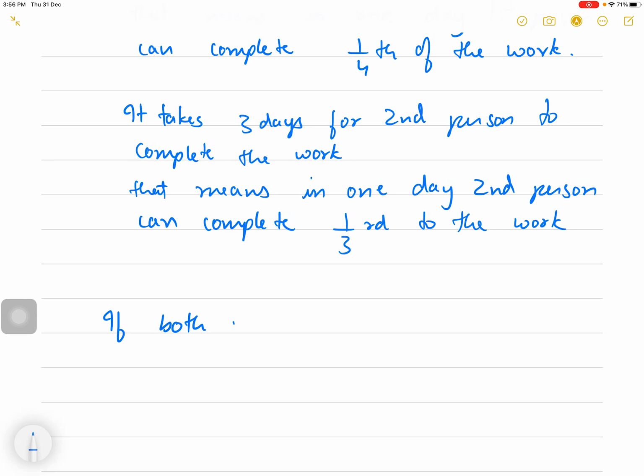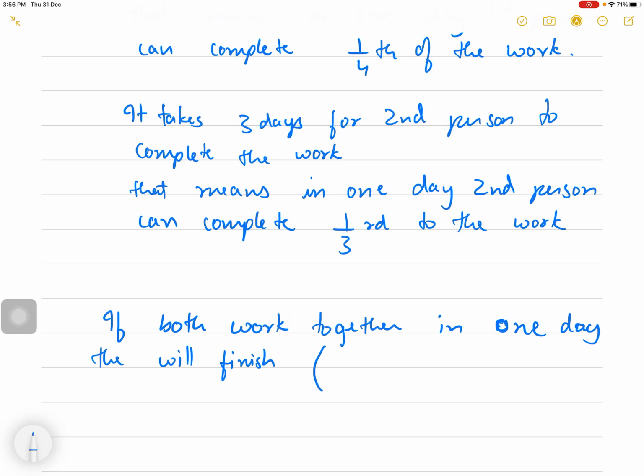If both work together, in one day, they will finish 1/4 plus 1/3 of work. Correct?